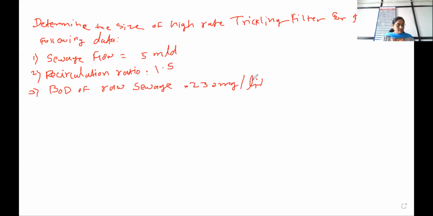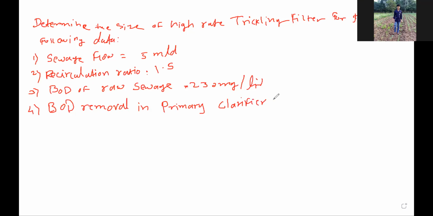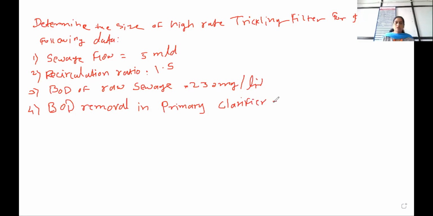Okay. Then fourth point, write down: BOD removal in primary clarifier is equal to 30%.